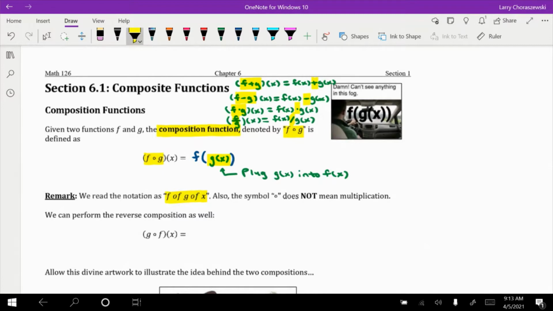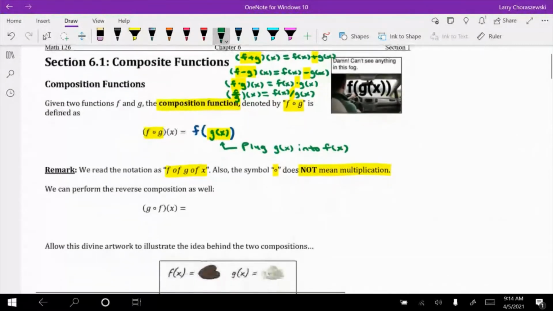In this context, when I say something like f of g of x, I'm referring to composition and not multiplication. So with something like f parentheses g of x, like we just wrote out up here, that doesn't mean multiply f and g together. It means plug g of x into the function f of x. So that's something that we have to be careful about. Or in short, the circle notation does not mean multiplication.